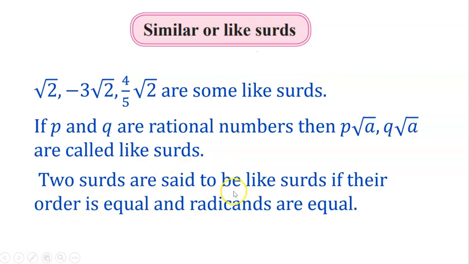Two surds are said to be like surds if their order is equal and radicands are equal. Now here the radicand is a and order is 2, and therefore these two surds are like surds. Also, all these surds are like because their radicand is 2 and the order of the surd is 2, and therefore these surds are like surds.